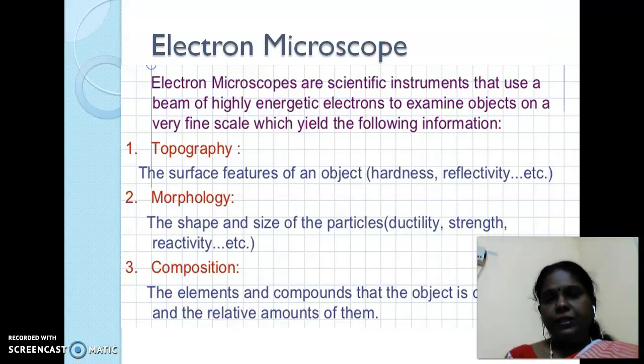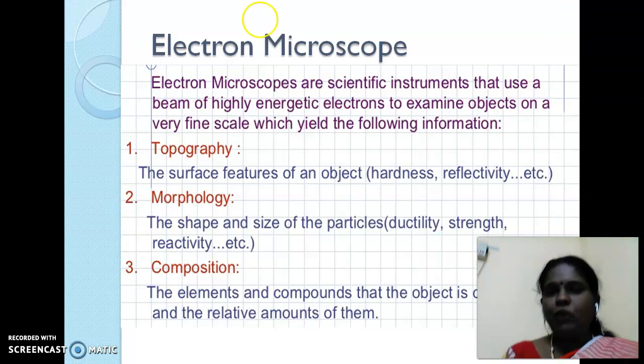With this introduction, let me define what is an electron microscope. Electron microscopes are scientific instruments that use highly energetic electron beams to examine objects on a very fine scale, in nanoscale, in microscale, etc. These are all the information that we can receive from this electron microscope.